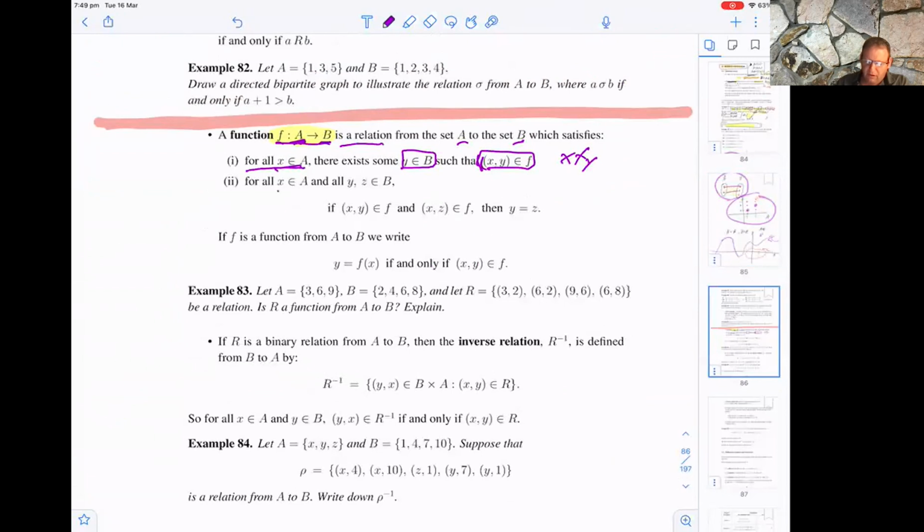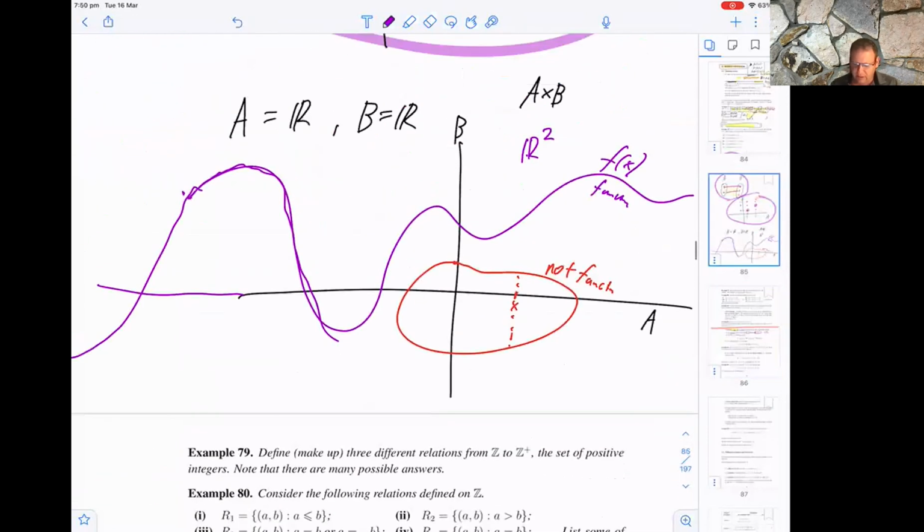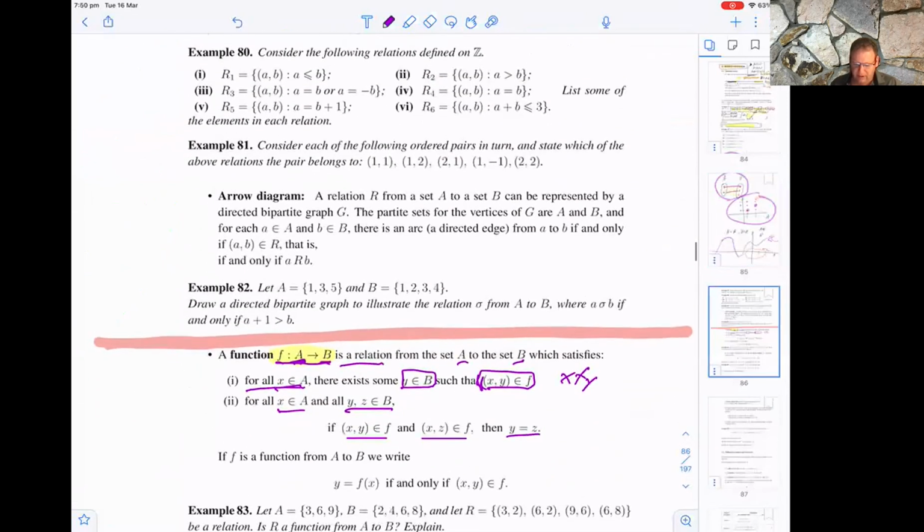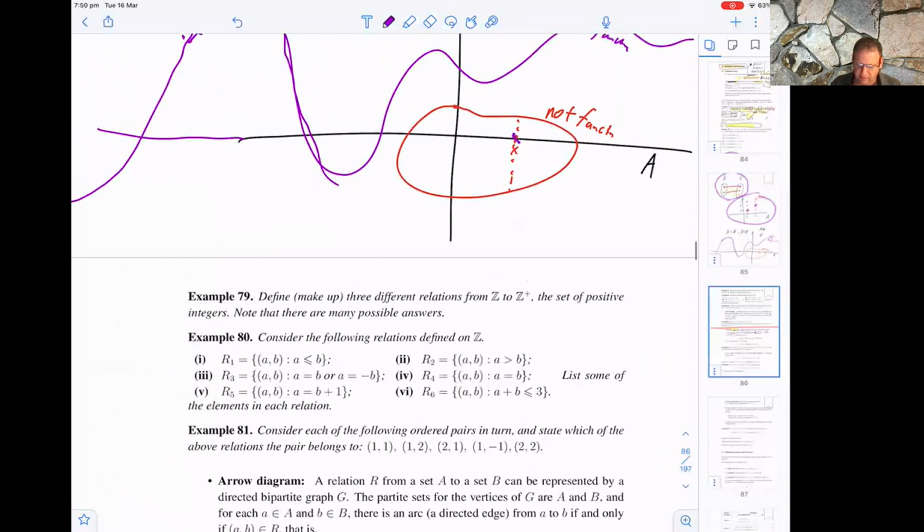Further, for all x in A, and now take 2 points in B, if xy is in the relation and xz is in the relation, then y equals z. So that means that I cannot have, if I've got now the points x, this is x, and this is y, and this here is z.